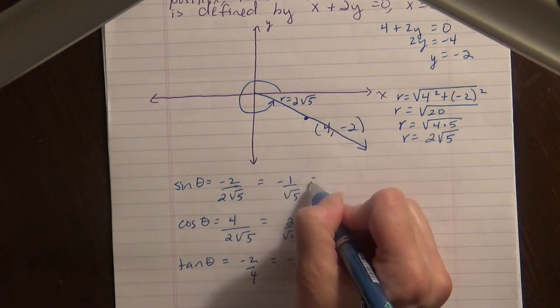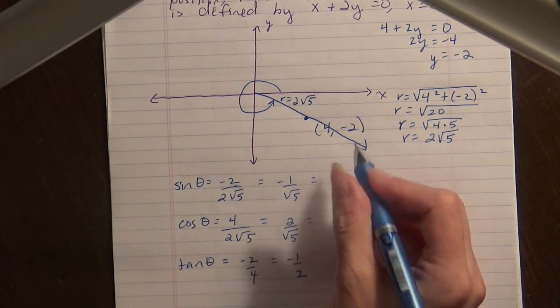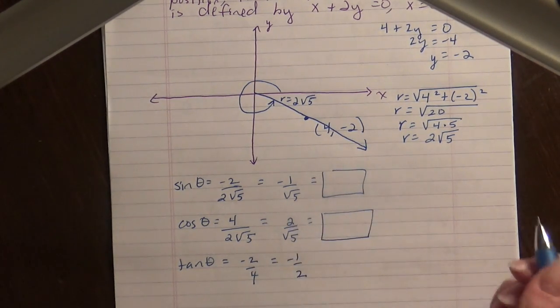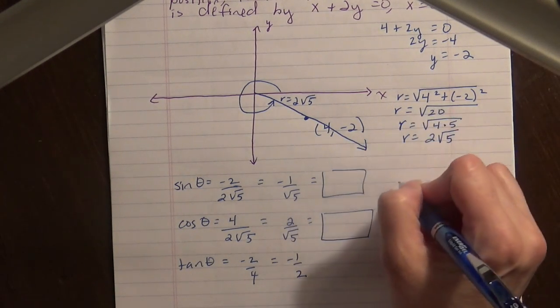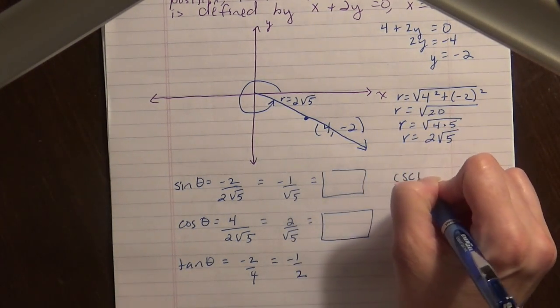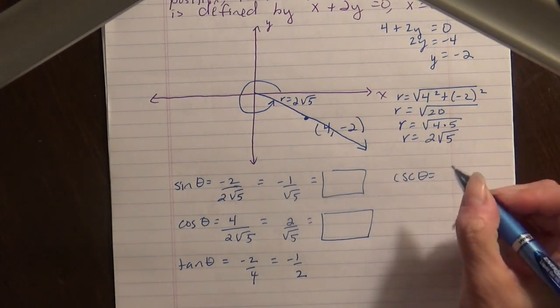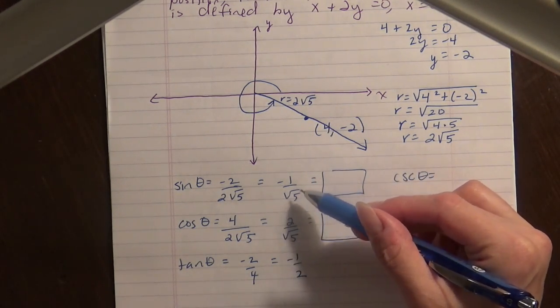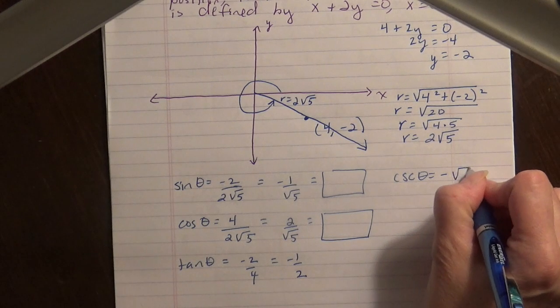I still have to rationalize sine and cosine, so I'm going to put a box right here so I don't forget to do that. But I'm going to use these to get cosecant, secant, and cotangent. I know that cosecant is the reciprocal of sine, so it's just going to be negative square root 5 over 1, so negative square root 5.